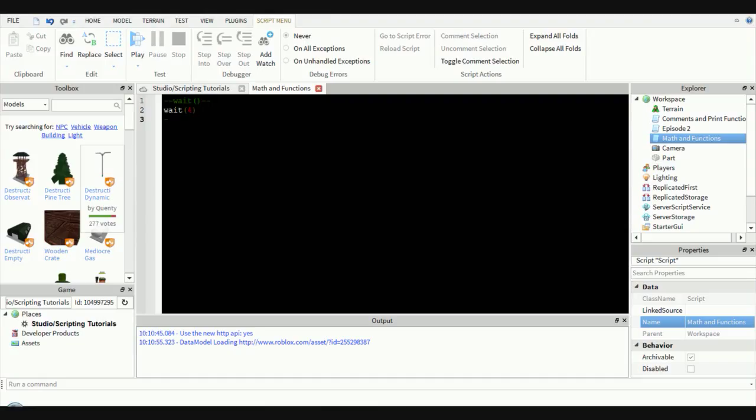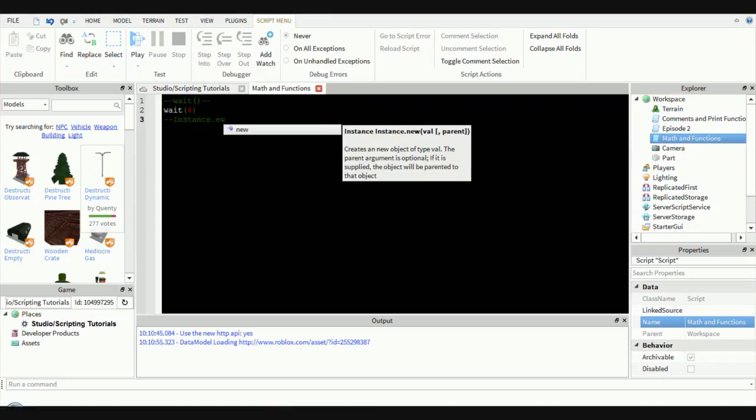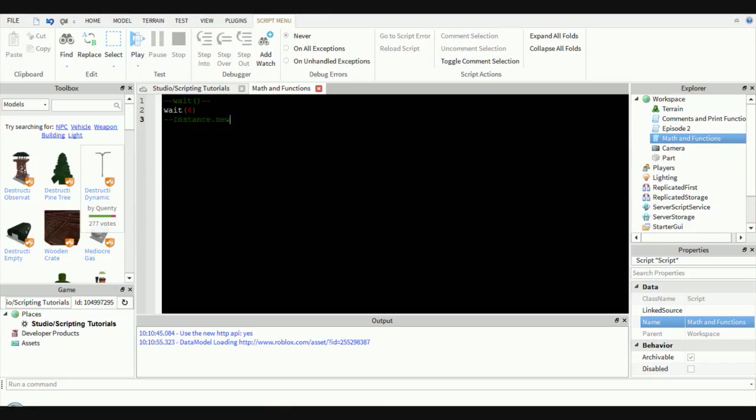Now let's get on to instance.new. Instance.new is very useful. So basically the instance.new functions as a function that creates a new instance, and then you can also define what the parent of that instance is.